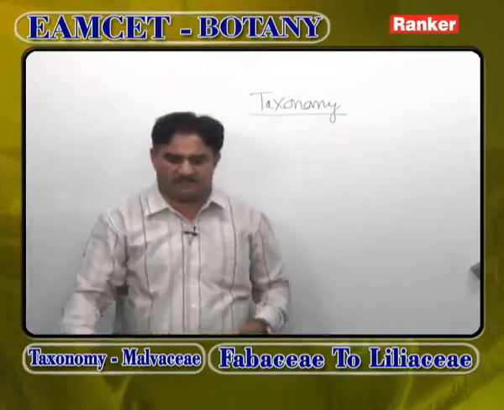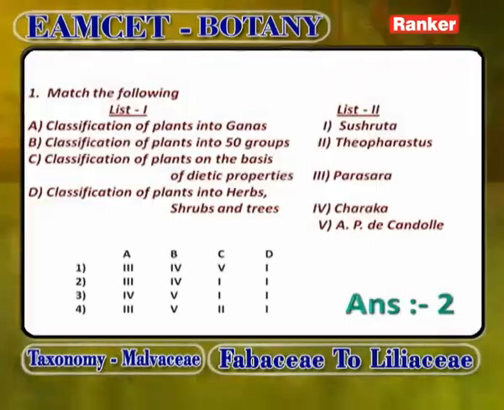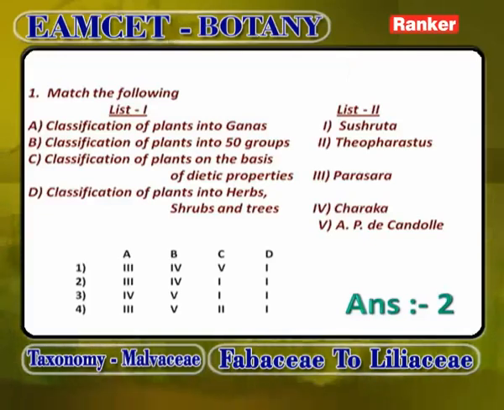Next, classification of plants into 50 groups is done by Charaka. So B is 4. C, classification of plants on the basis of dietic properties is done by Sushruta.